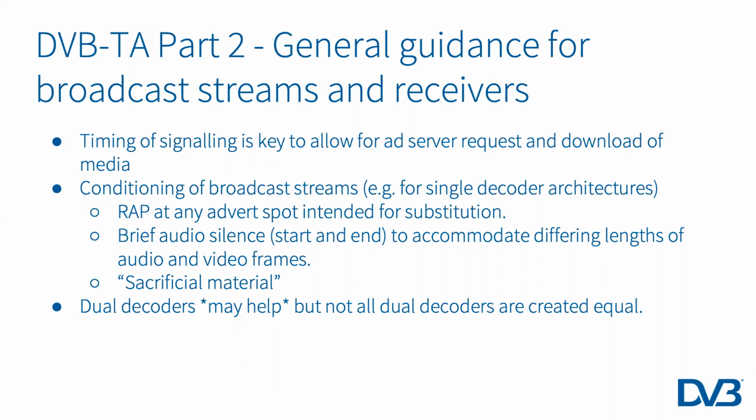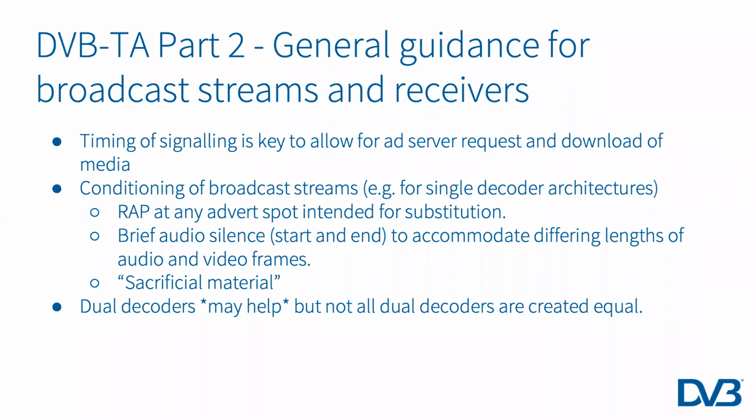You will need to condition the stream in other ways as well, especially for single decoder architectures. Martin's already spoken about random access points. Luckily, most encoders in the market dealing with SCTE already, upon receiving instruction to create a SCTE 35, insert a random access point.